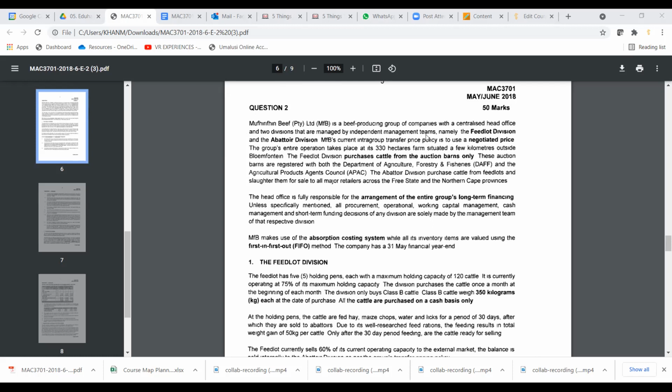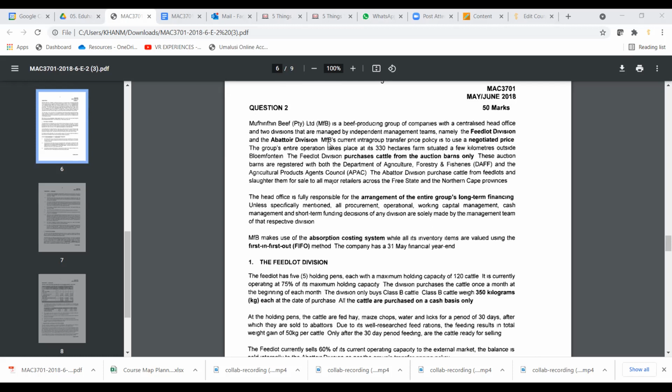Okay, so the two independent divisions are the feedlot division and the abattoir division. So you know there are two divisions: feedlot, abattoir, and don't forget the centralized head office. Basically, the picture you must see in your head is MFB, the company. Below MFB are 3 lines, which are Division 1, feedlot, Division 2, abattoir, and head office.